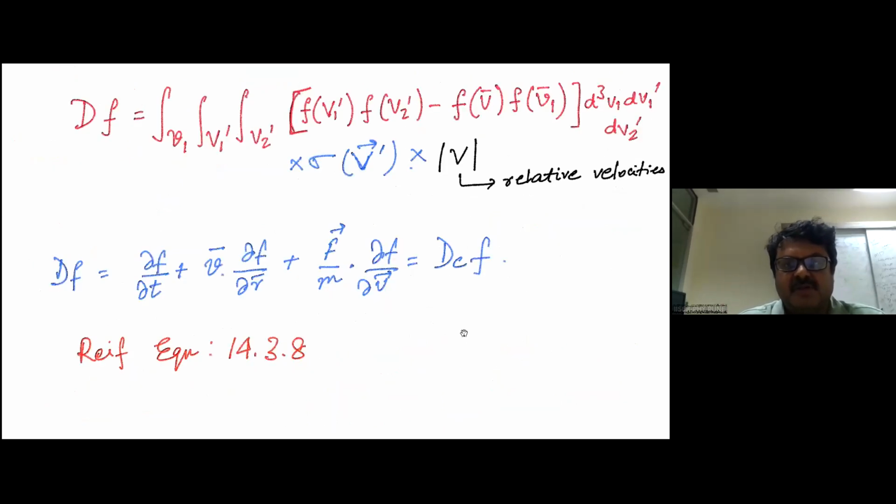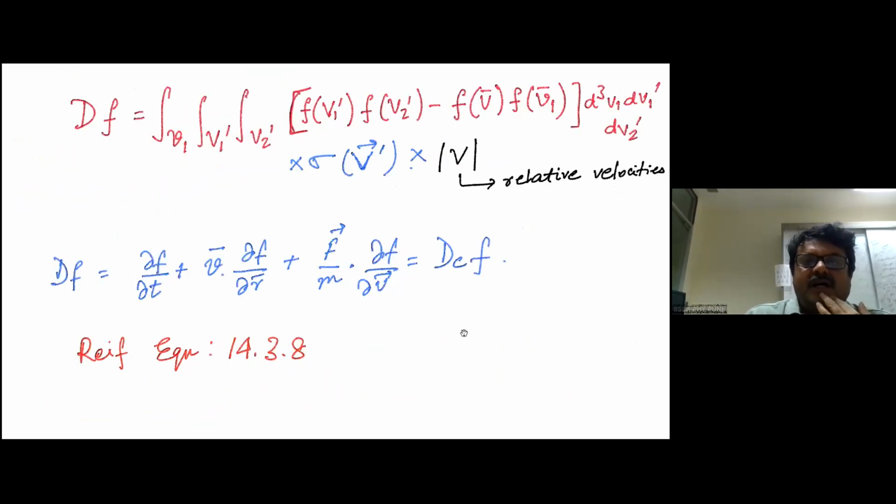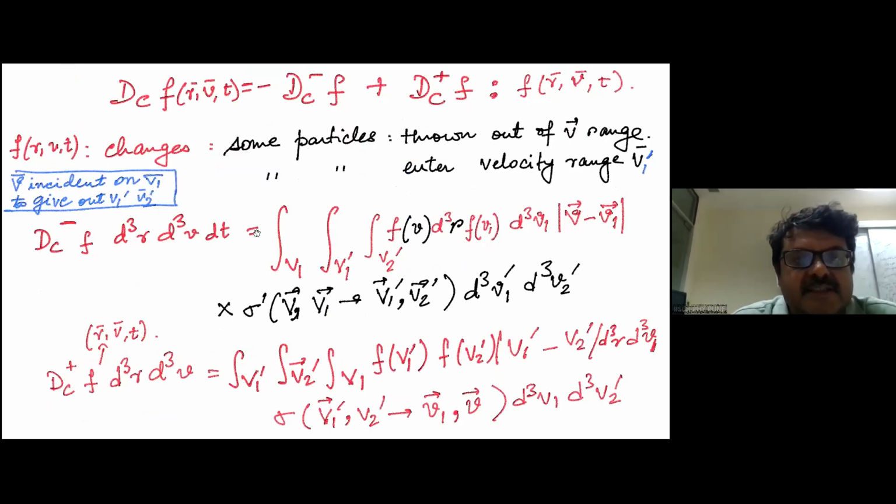So with this, we slowly come to the final slide. With this background, the collision term of f(r, v, t) has a term which leads to the decrease of f(r, v, t).